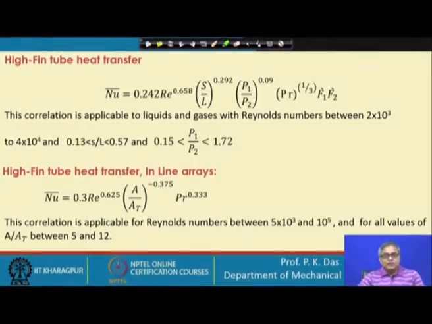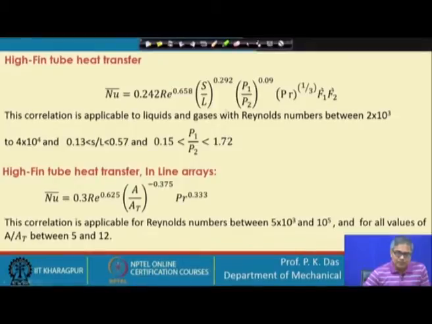P1 is called the transverse pitch, which is normal to the direction of flow, and P2 is in the direction of flow, called the longitudinal pitch. So, these two pitches are important, and then there are two factors F1 and F2.